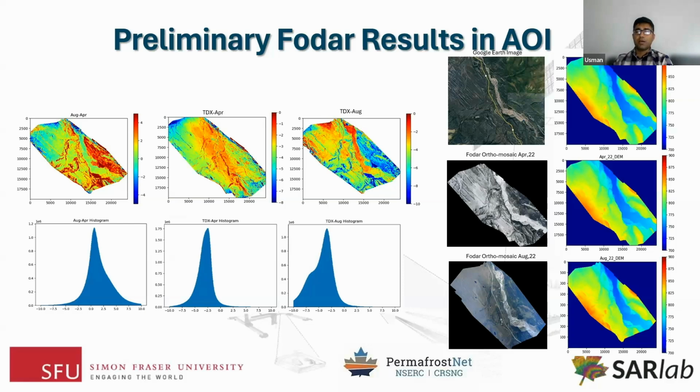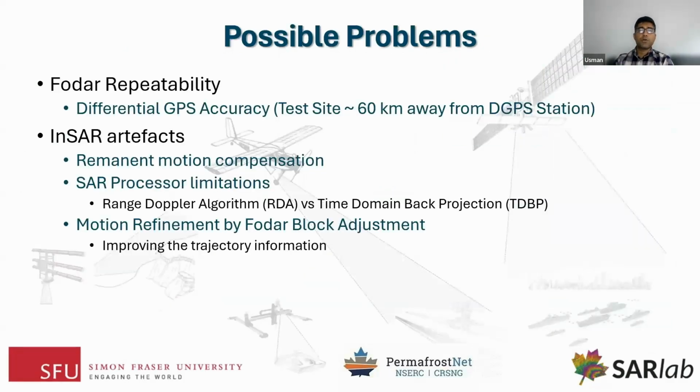And we were like, what could be the root causes of this? We started looking into what can cause this and how we can improve our results. So we thought about possible problems after looking at the initial interferometry and photogrammetry results. Our original test site is around 60 kilometers away from the differential GPS station that we are using for the differential processing.